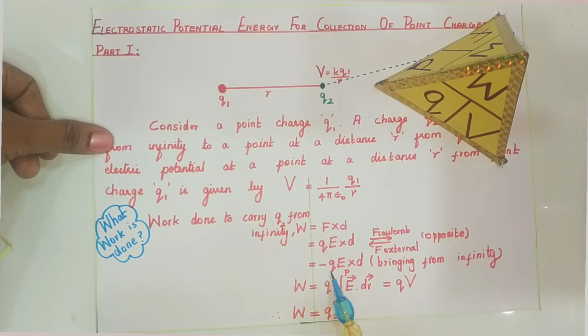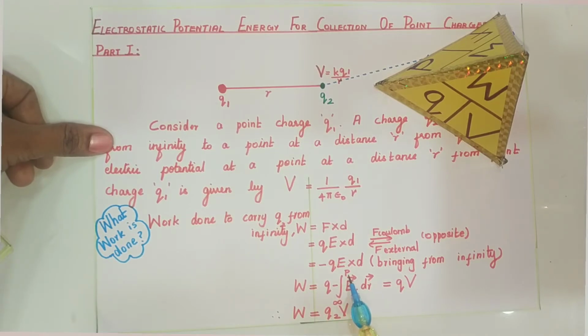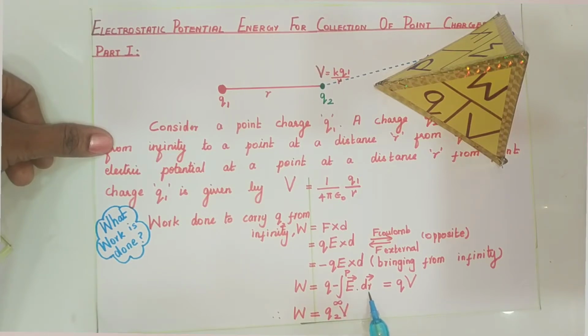F is minus, so minus QE into D. And we are bringing the charge from infinity, so I introduce integration. Q minus integral infinity to point P E dot dr. For integration, we have to take infinitesimal distance dr. So, we know that minus integral infinity to P E dot dr is potential V. We get work done is the product of electric charge Q and the potential V.